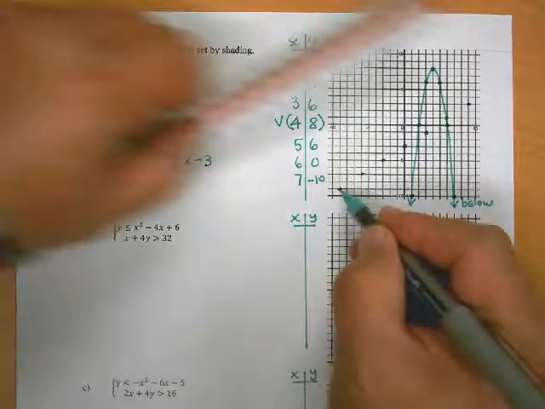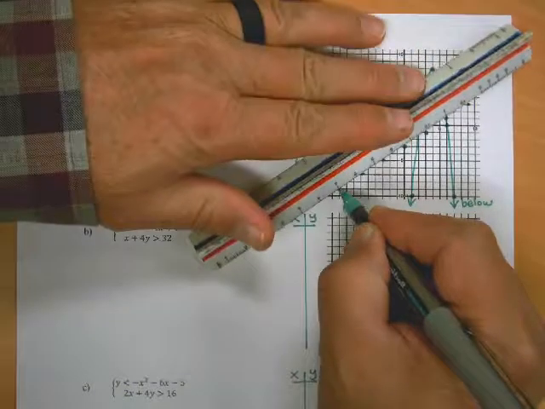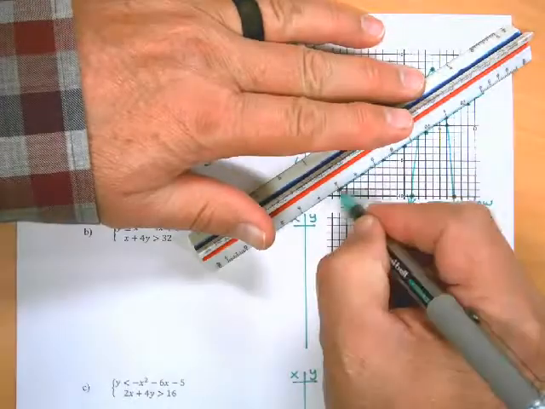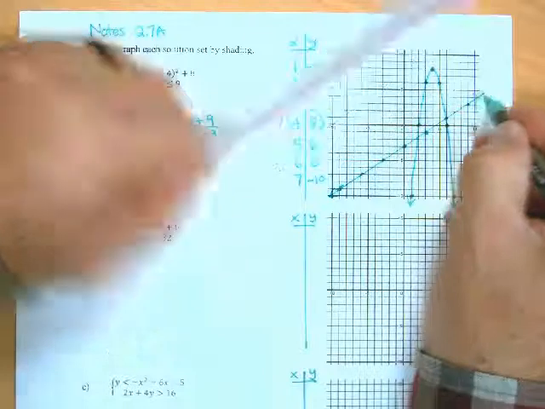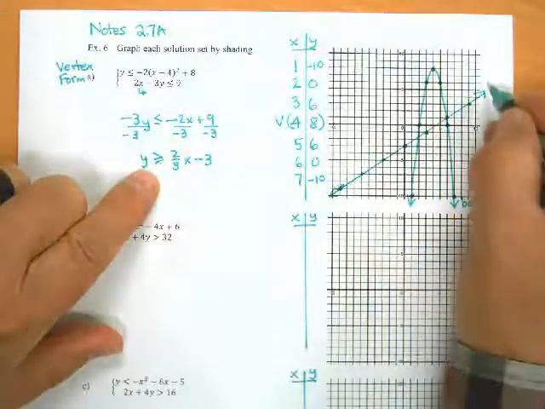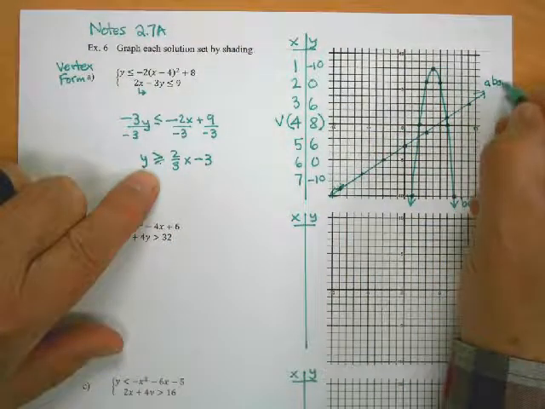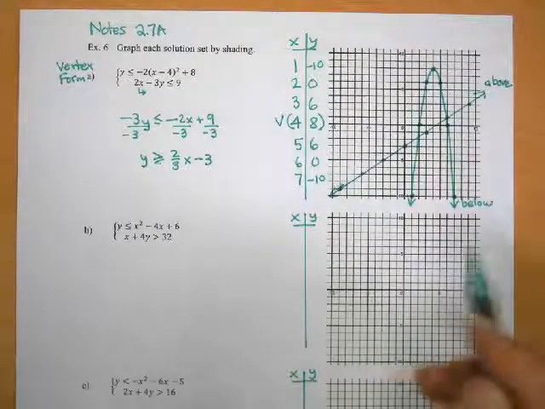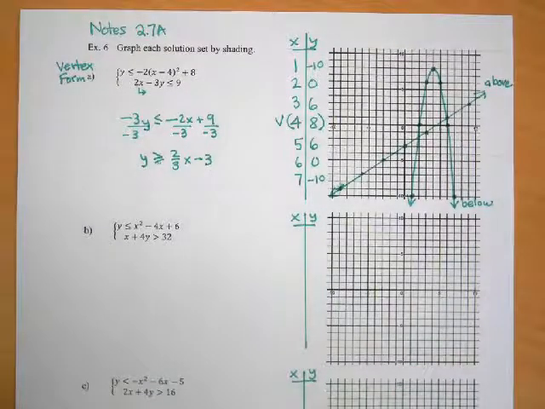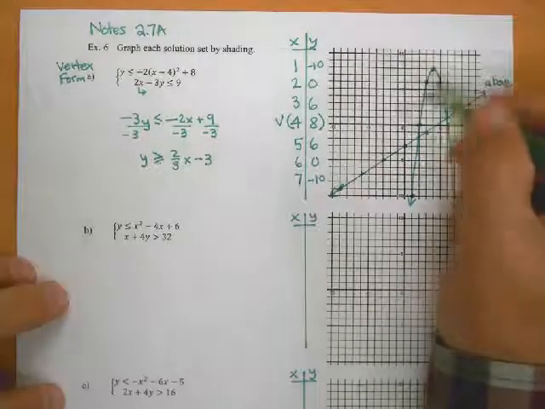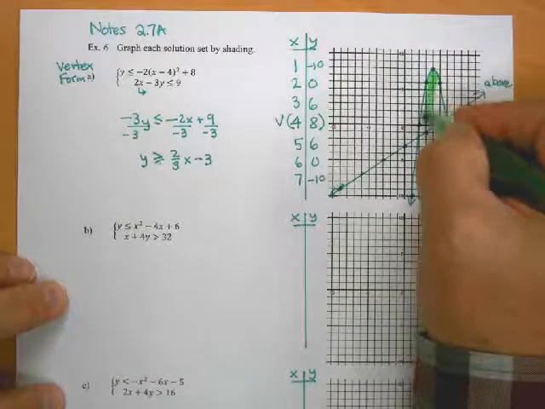This one's solid, so we'll draw that line solid through there. And we're going to label it above. We need to be above that line. So what we have here is a situation where we have to be below the parabola and above the line, which kind of traps us in this area up here.